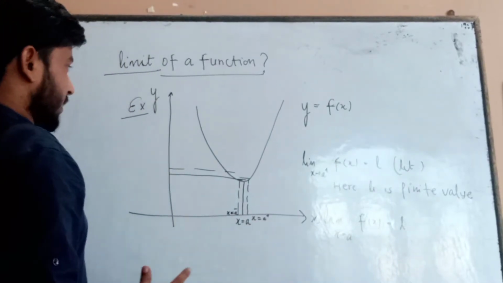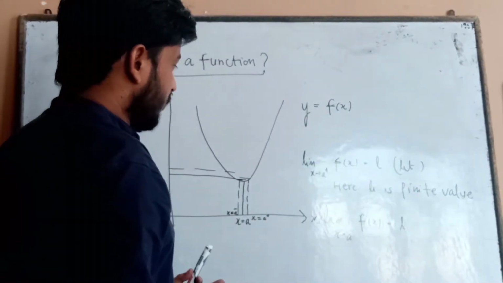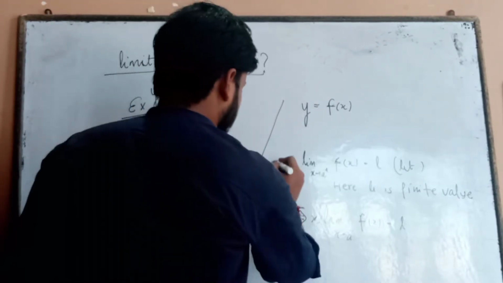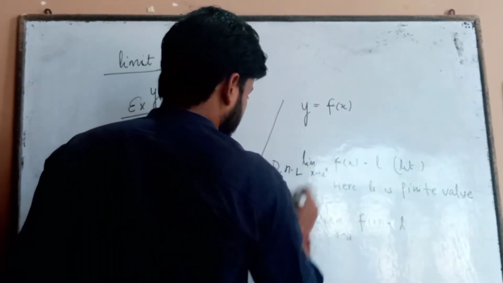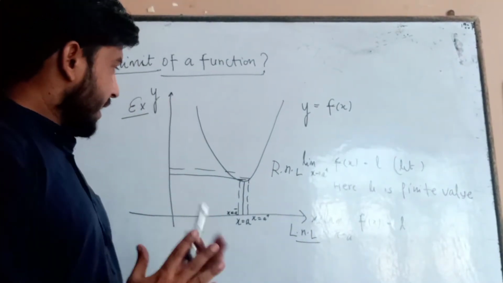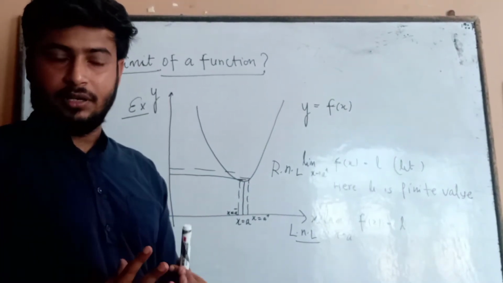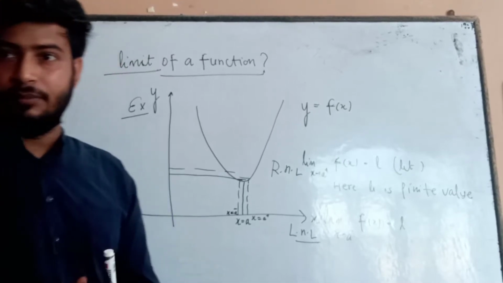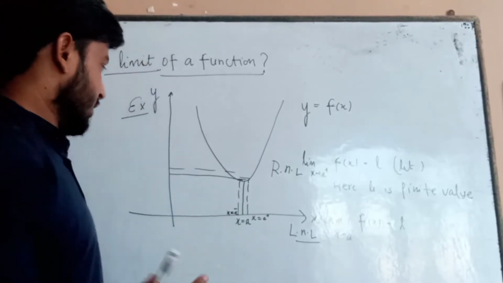Now we take an example, basically this is the right hand limit and this is the left hand limit. Now we take an example where the value of the right hand limit and the value of the left hand limit are not similar.